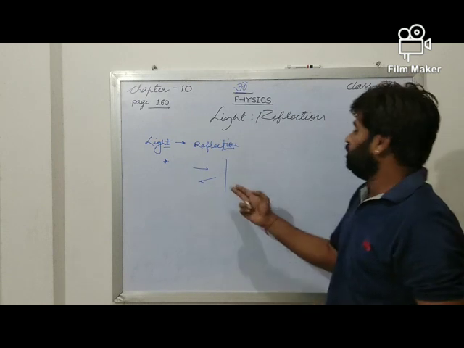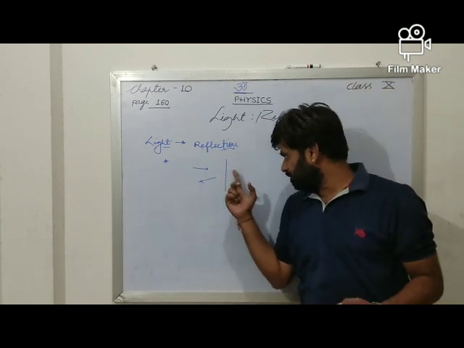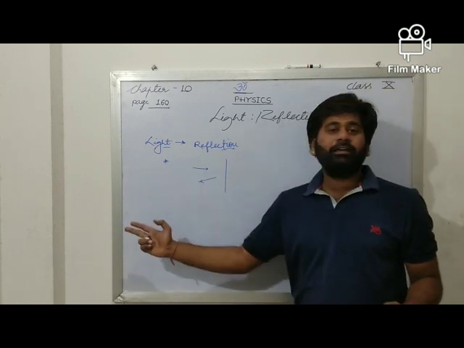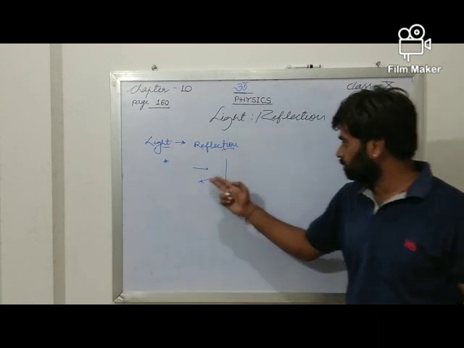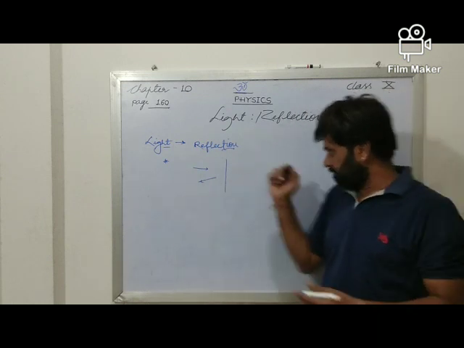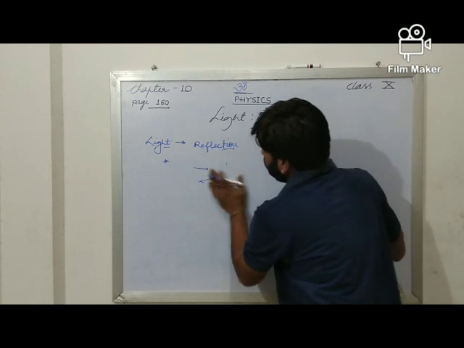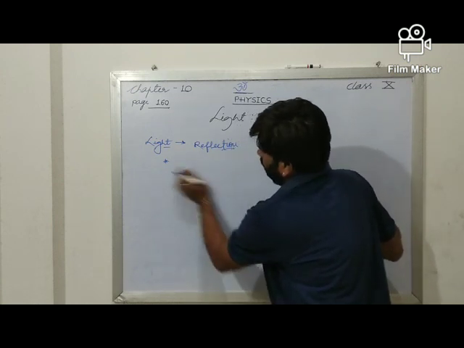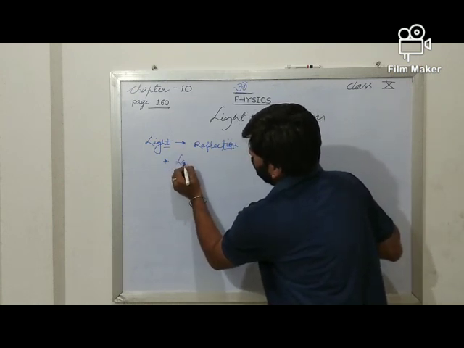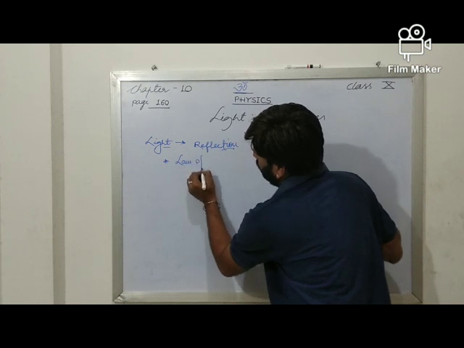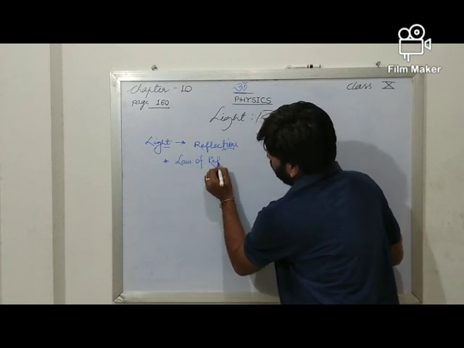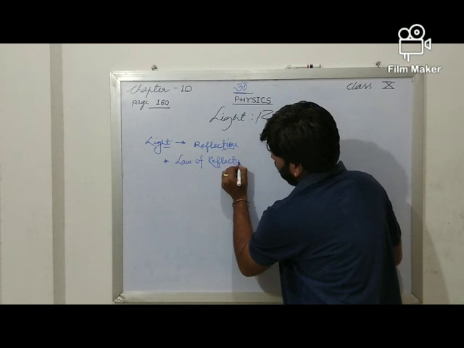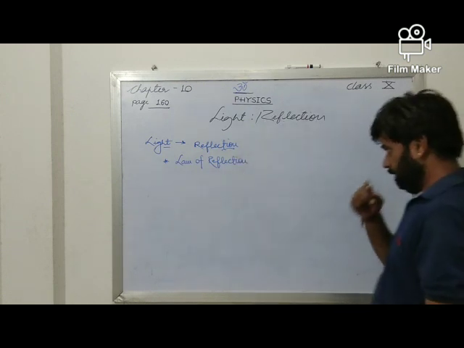Something which came got reflected back or reflected in some other direction. Here we introduce a term or law, that is the law of reflection. Let us see the law of reflection.